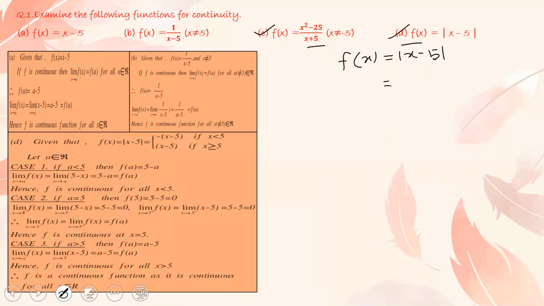So I have to define the function, that is minus of (x minus 5) for x less than 5 and x minus 5 for x greater than or equal to 5. So if x is less than 5, the function is like that, and if x is greater than or equal to 5, the function is like that.